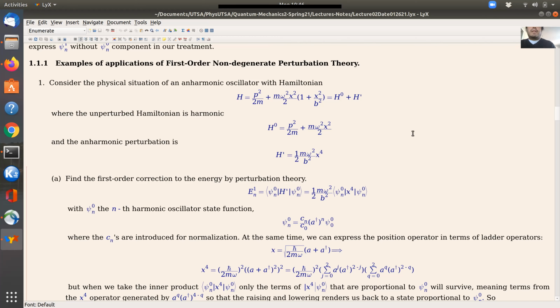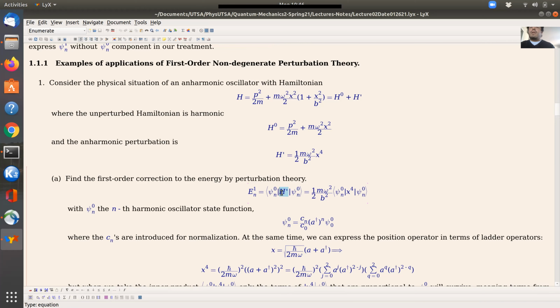The first task is to find the first order correction to the energy by perturbation theory. So we know this formula. This is what we intend to use, right? The first order correction to the energies is the expectation value of the perturbation Hamiltonian in the unperturbed basis.